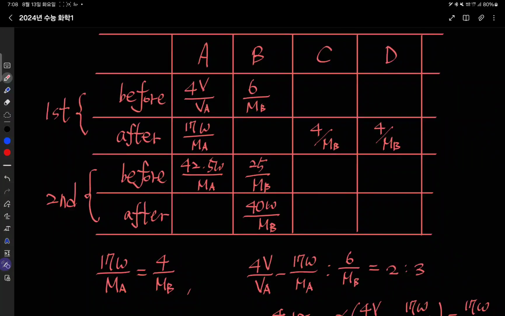And in the second experiment, the same amount of C and D will be produced as the amount of A consumed. So 42.5W over MA, both the C and D, this amount of mole, 42.5W over MA, will be produced.